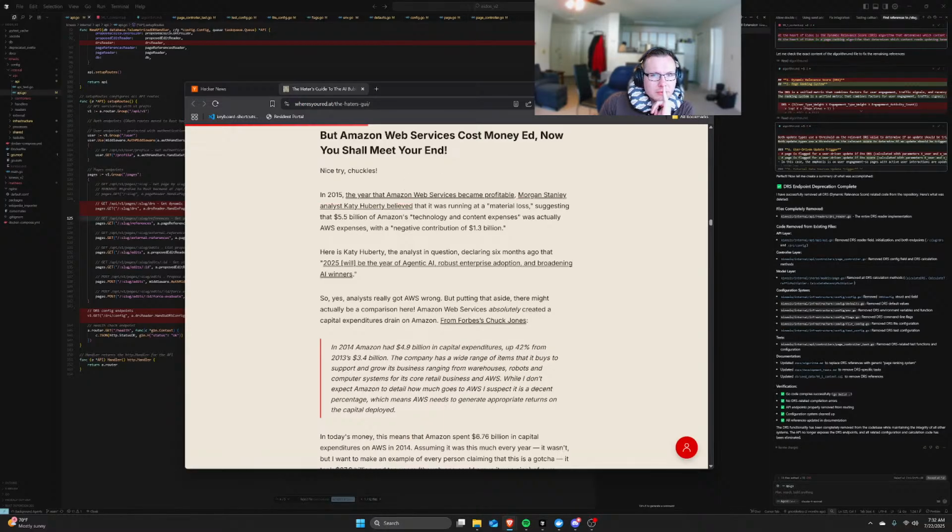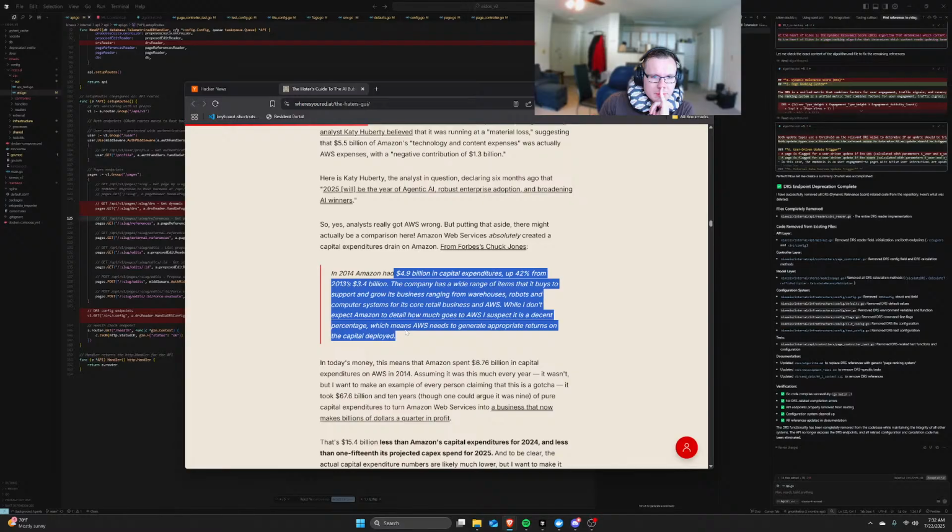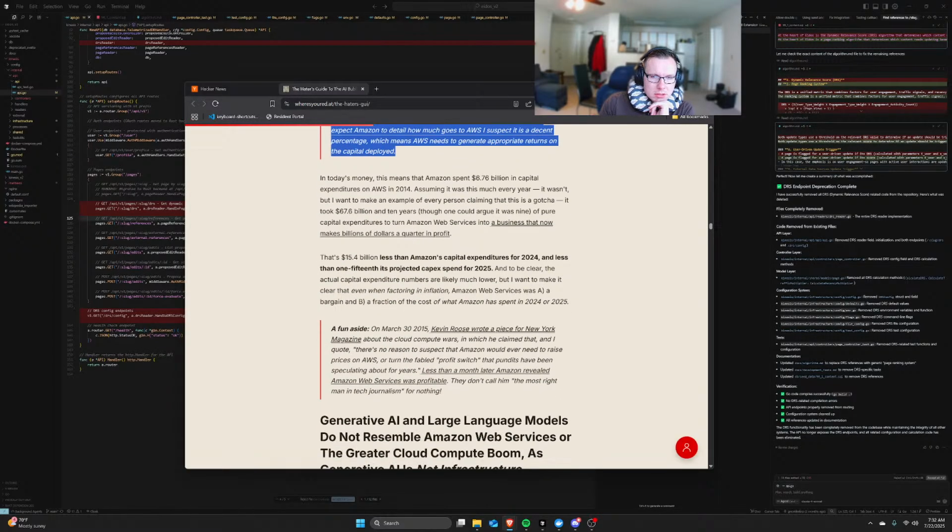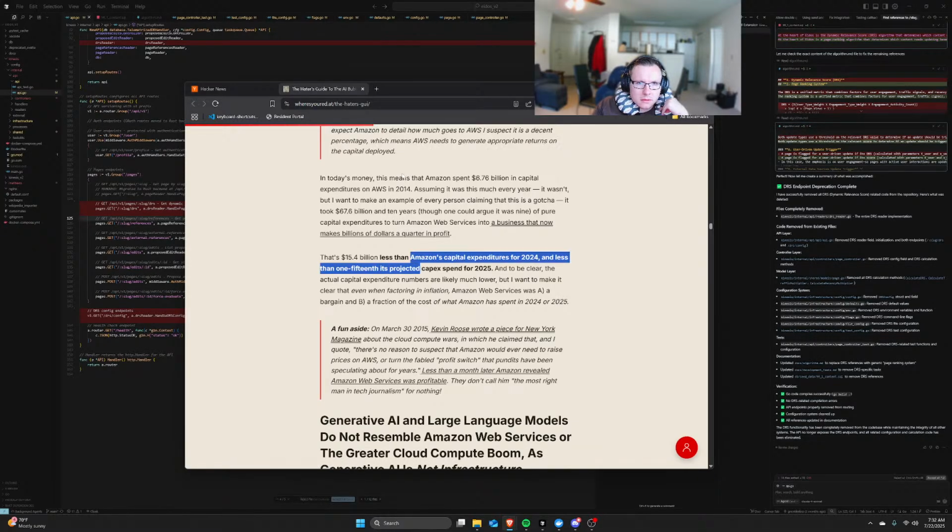2015 is the year Amazon Web Services became profitable. Yep, it created a capital expenditure. I'm gonna have to skim through a lot of this stuff. Amazon spent $6.76 billion in today's money on AWS, assuming this much every year, which it wasn't.